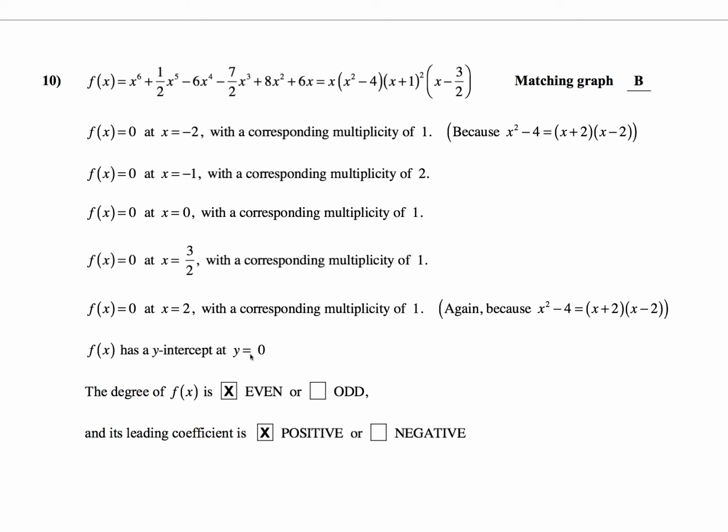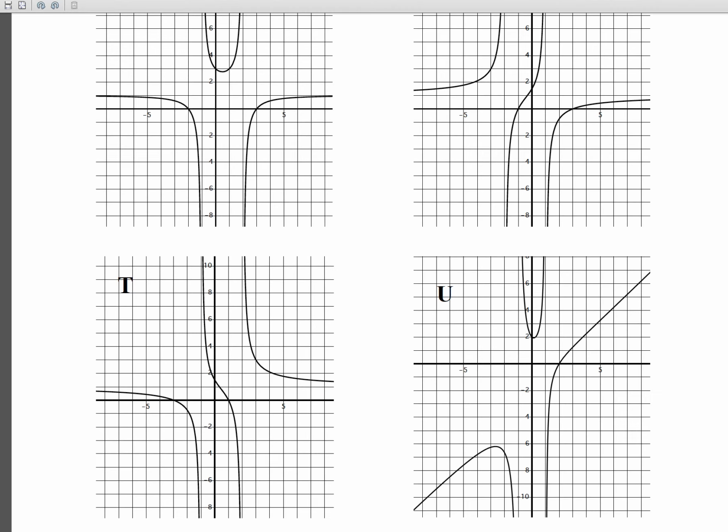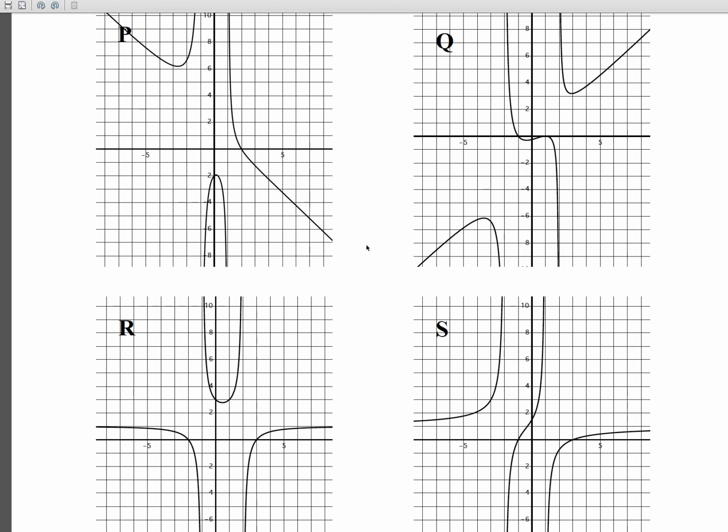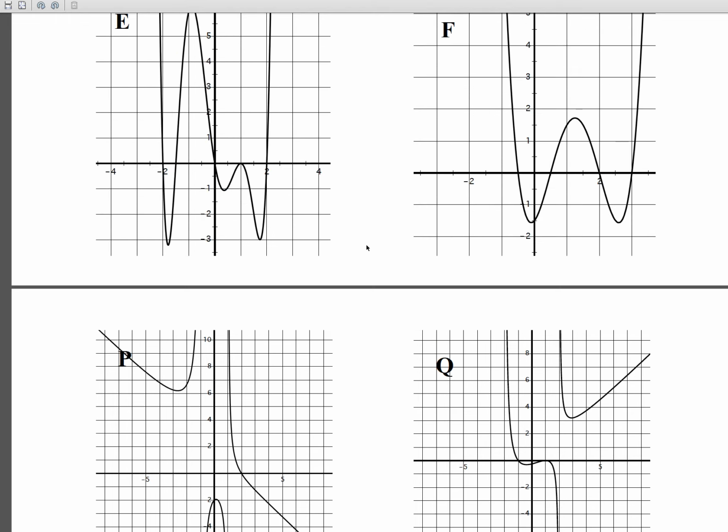Degree is even, and the leading coefficient, which is just 1, is positive. And so we have a polynomial that, since it's even with a positive leading coefficient, turns up at both ends.